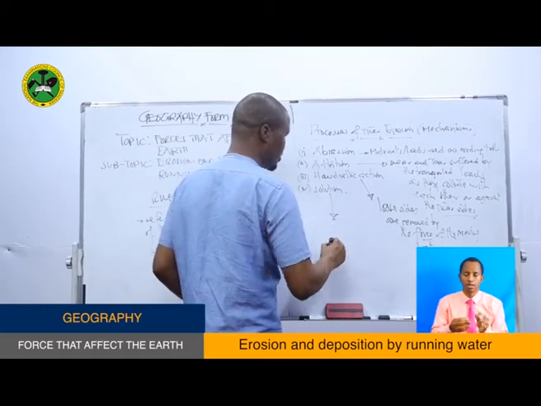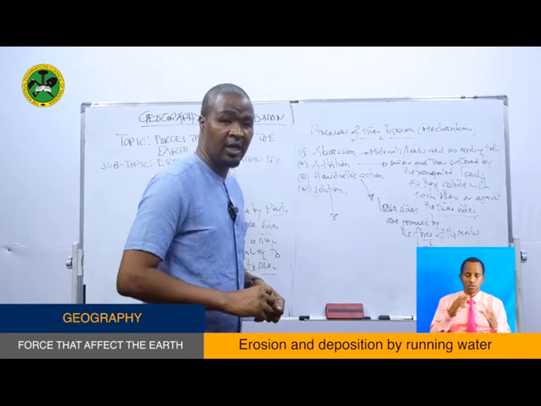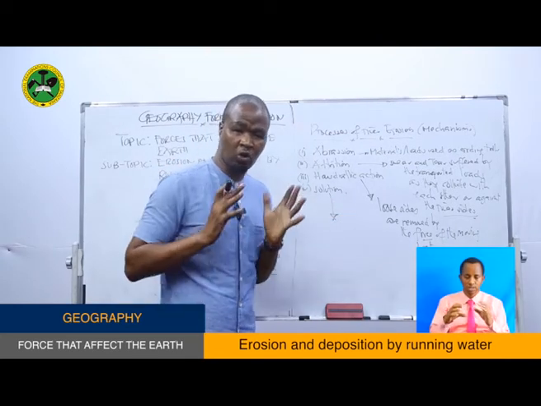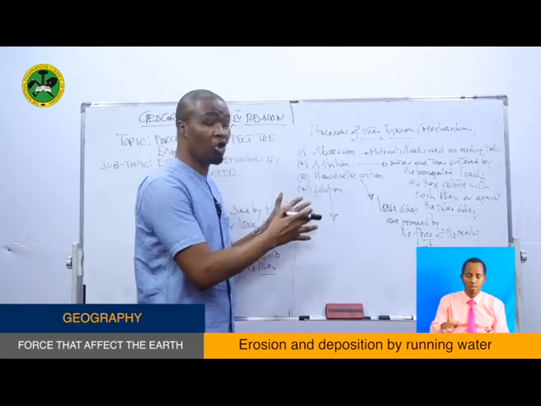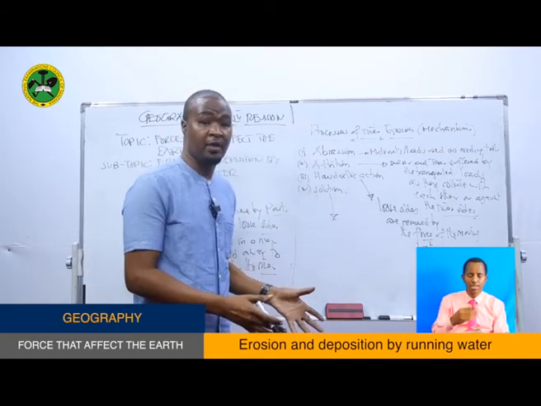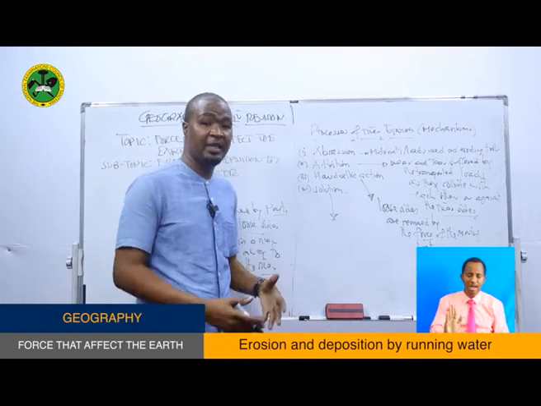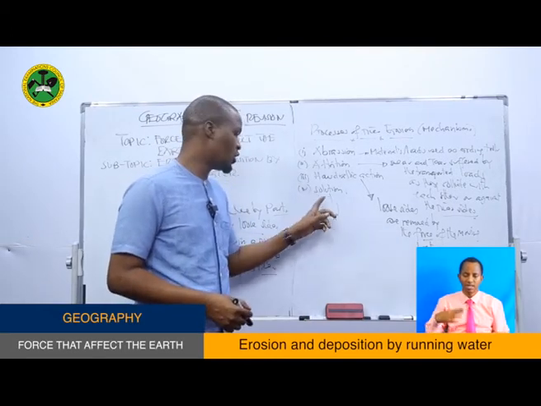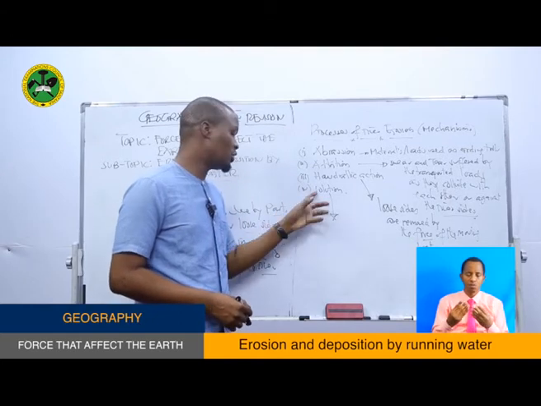Then you come to solution. It means right now we are talking about the part of the river valley made up of soft rock, for instance, chalk rock. Remember, chalk rock is a soluble rock that can be easily removed in solution form once dissolved in water. Are you with me? So that process or mechanism we call the solution.